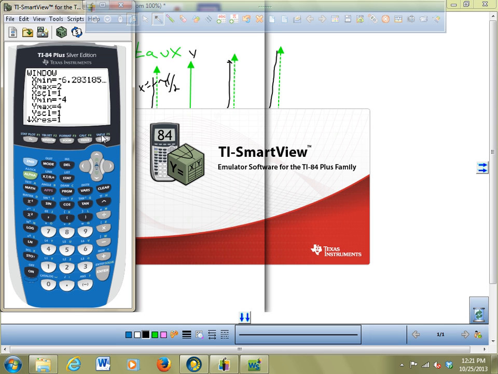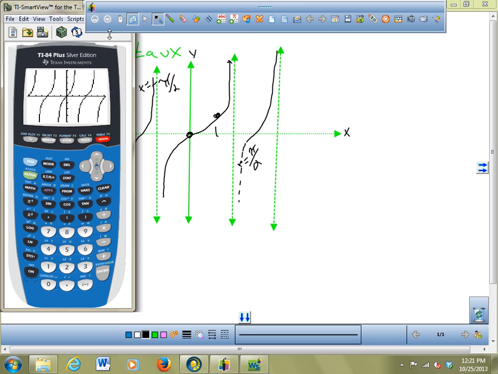That's good enough. And then if I hit graph, you should see it makes a bunch of curves. There's a way to make the asymptotes come in there, but in my case, they're not there. So there I just graphed y equals tangent of x, and you will have to do that on your calculator a couple times.